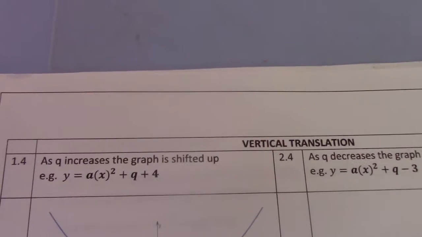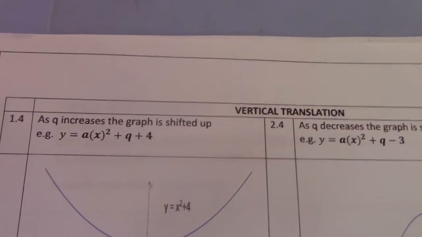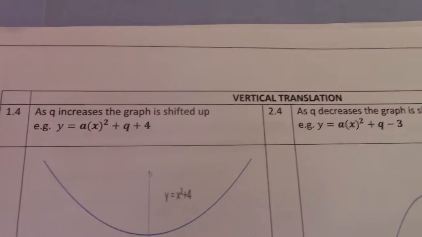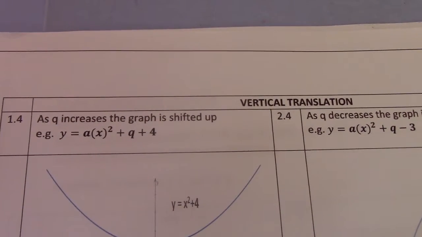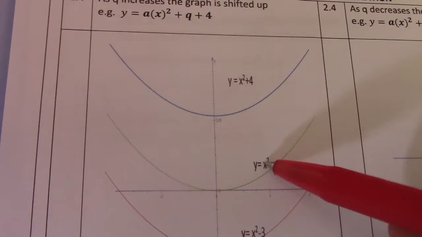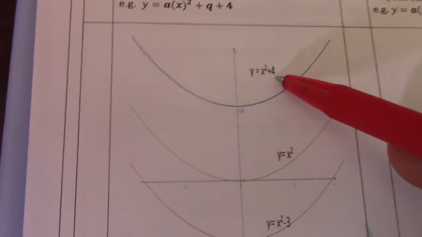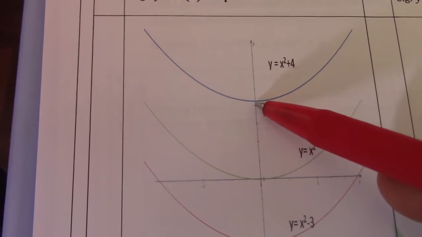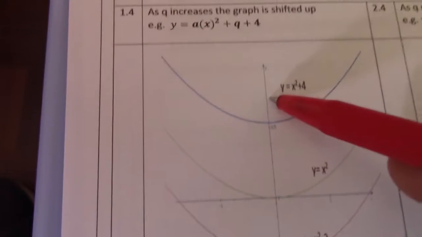We also have a q value. That q value is in charge of vertical translation. You know, it's the boss. As my q increases, the graph is shifted up. So if you look here, we have x squared, and for the q value I write plus 4. This increases from 0 to 4 there, so you see the graph moves up 4 units.